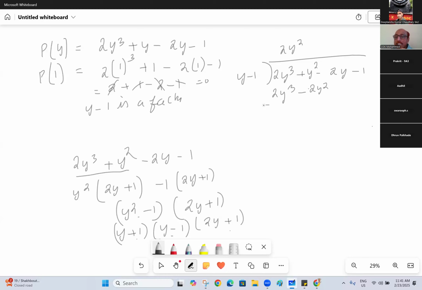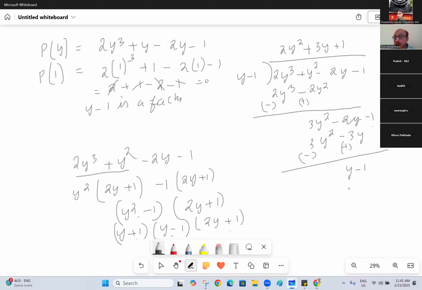Change the sign, you're subtracting it. Plus will become minus, minus will become plus. Now add it. You get 3y square. 3y square minus 2y minus 1. Then 3y square minus 3y. Change the sign.